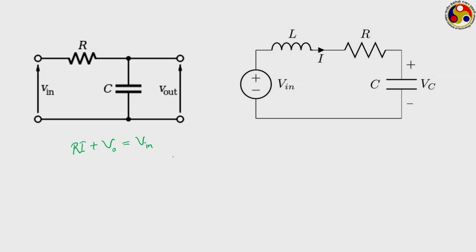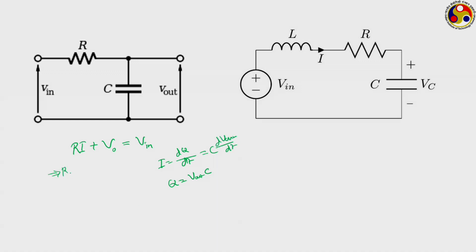We know that I is equal to dq dt, q being the charge, and what is q? Q is equal to V out into C, that is the voltage applied across the capacitor, and C is the capacitance. So, if we use that, then I becomes equal to C into dV out dt.